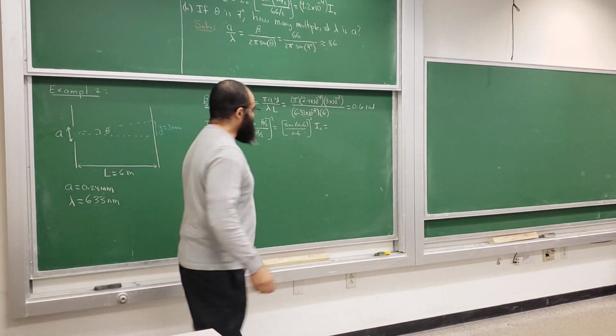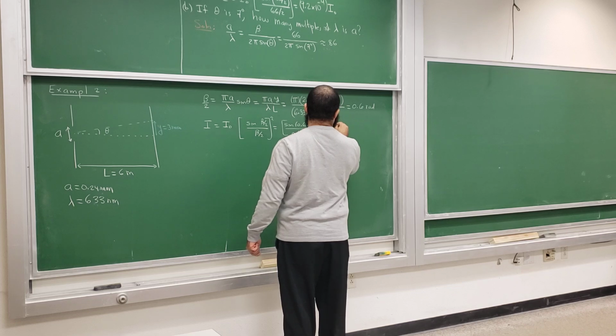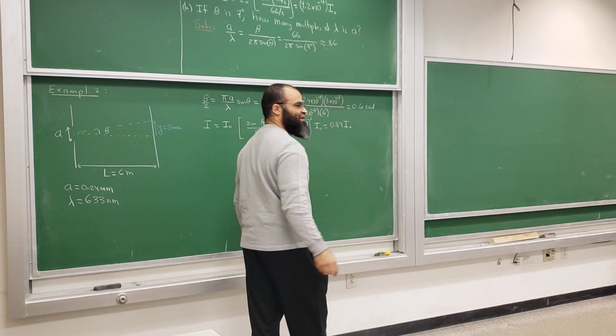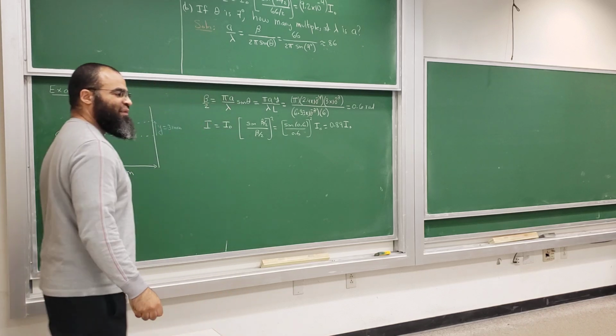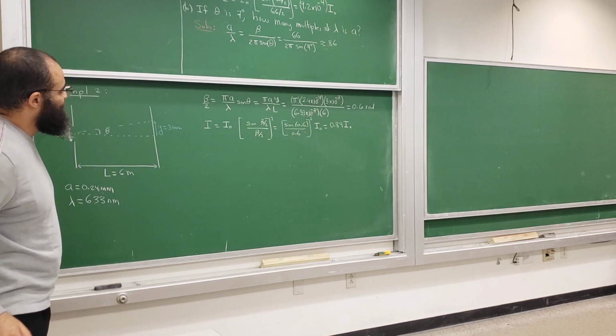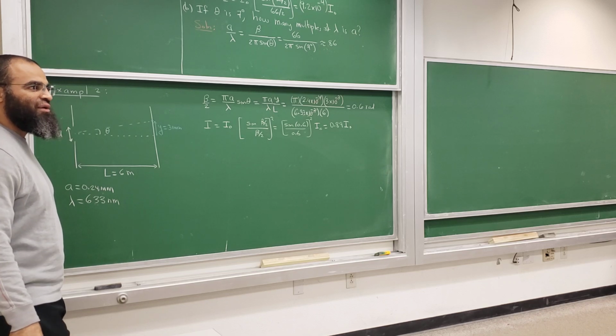And this will be 0.89 I naught. So that's the intensity in terms of I naught, of the maximum. It happens to be almost 90% of the maximum.